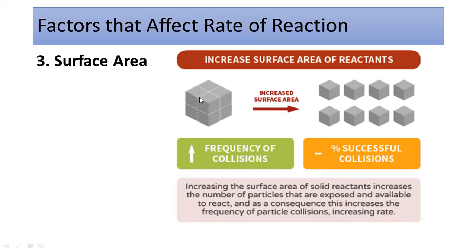So how can you increase the surface area? By reducing the particle size. So this size was big. So you have divided this, or you have cut it down to several smaller particles. So when you reduce the particle size, the surface area is going to increase. So look at this.